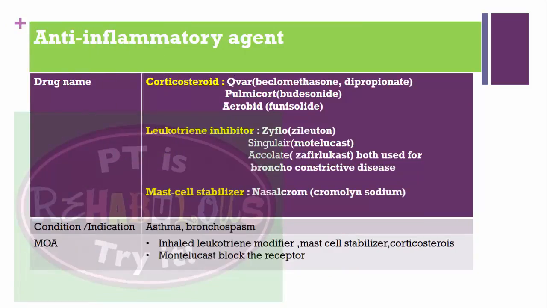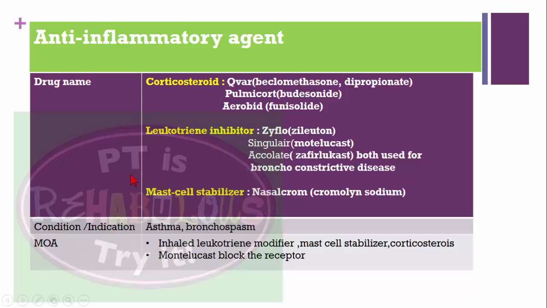Now we are going to learn about anti-inflammatory agents, which are corticosteroids, leukotriene inhibitors and mast cell stabilizers. The leukotriene receptors are cysteinyl receptors, and they are located on mast cells, eosinophils, etc. They may stimulate a pro-inflammatory effect, so in asthmatic patients they will cause inflammation. Mainly these drugs are used as leukotriene inhibitors, and mast cells release histamine.